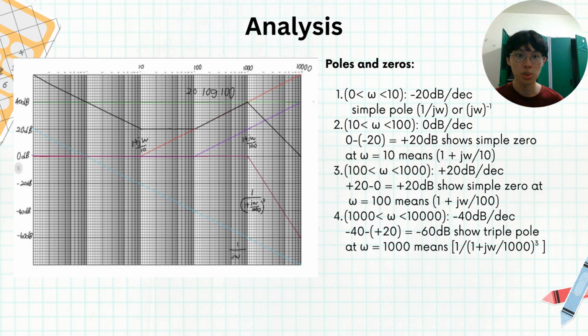Another plus 20 change at frequency 100 confirms a second simple zero. Finally, at frequency 1000, the slope drops from plus 20 to minus 40. This net drop of minus 60 decibels per decade proves a third-order triple pole resides at this location.